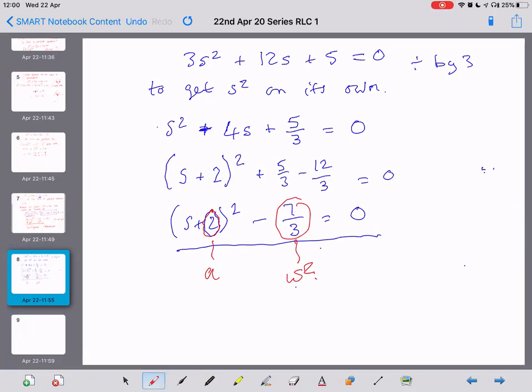Then we've got it in the right form. But we need to work out a way of recognizing exactly how we get to the 2 and the -7/3.